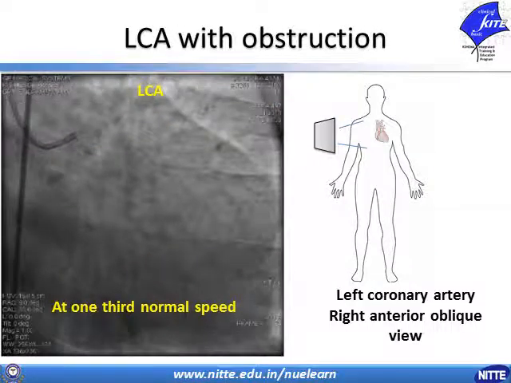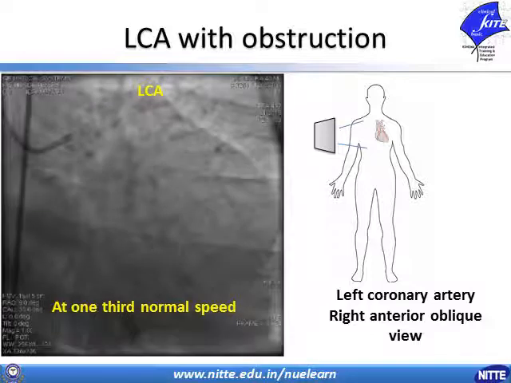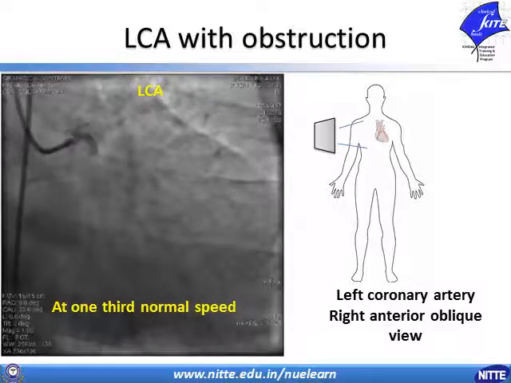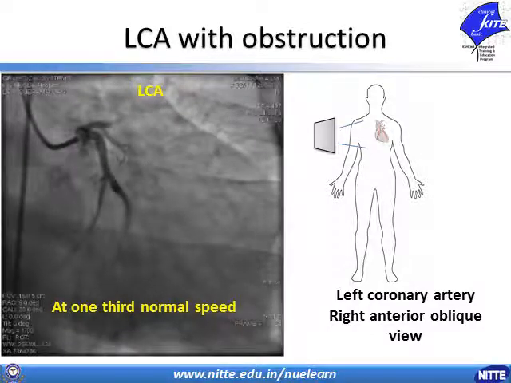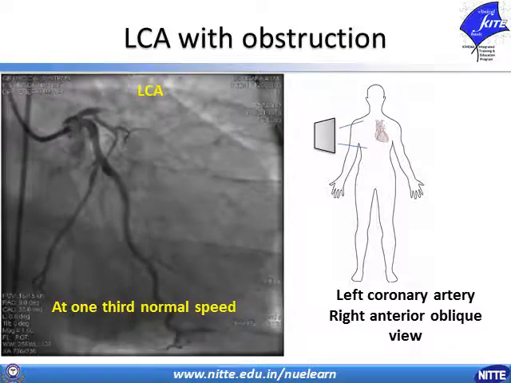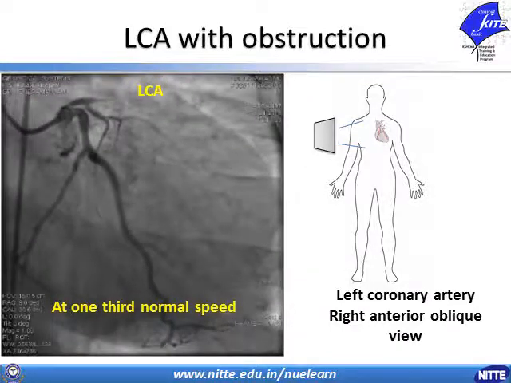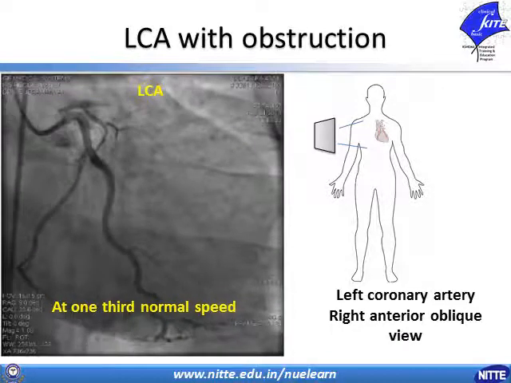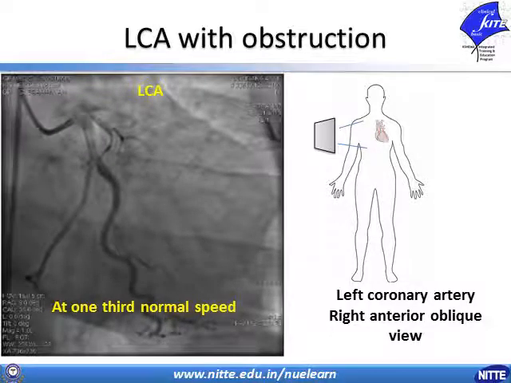Let's now see this angiogram at 1/3 the normal speed, a slower speed, in order for us to easily visualize the filling of the coronary artery. You can see the dye now entering the left coronary artery and filling its branches.